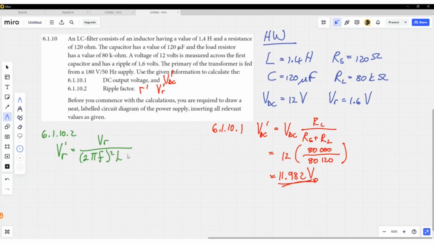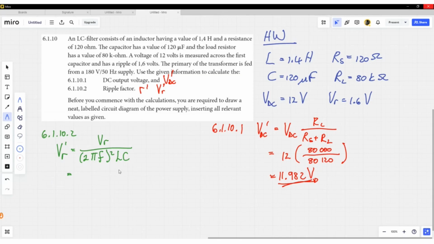That squared times LC. Right, so for the resistor or RC filter, you're basically going to have just the voltage division due to the series resistor and the extra capacitor.